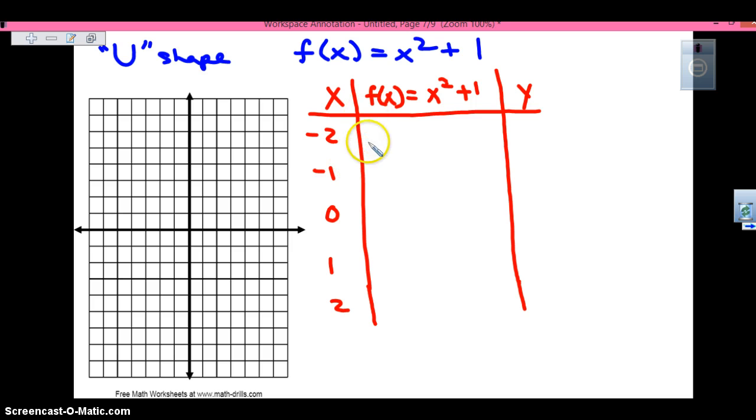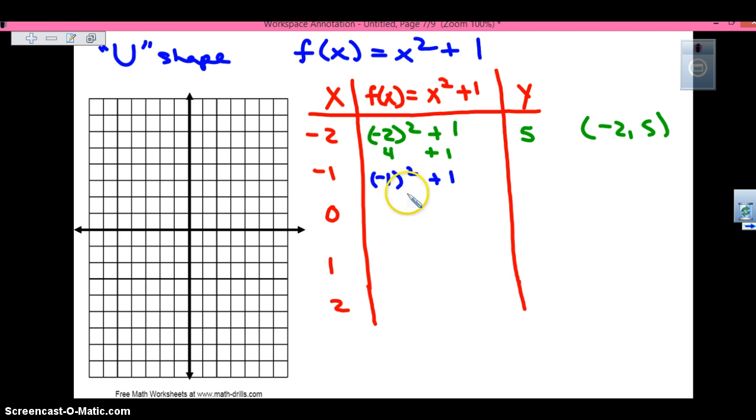So if we substitute -2, this means -2 squared plus 1. -2 times -2 is 4, plus 1 is 5. Our first ordered pair is -2 and 5. -1 squared plus 1. -1 squared is 1 plus 1 is 2. Ordered pair -1 and 2.